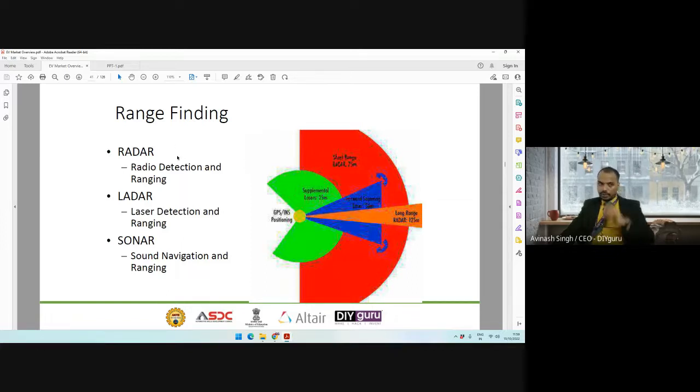Radar stands for radio detection and ranging, LiDAR is laser detection and ranging, and sonar is sound navigation and ranging. These are all detection-based devices which help in finding range, and any obstruction in the path of a running vehicle is detected by all three.